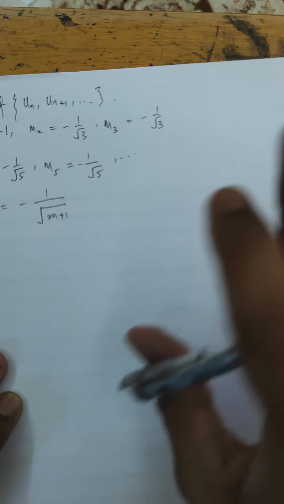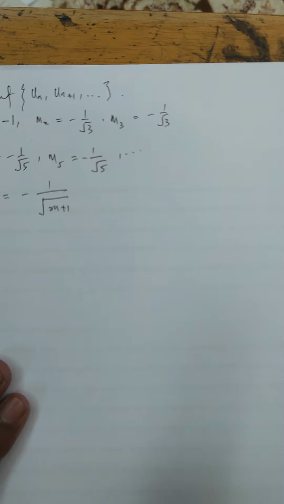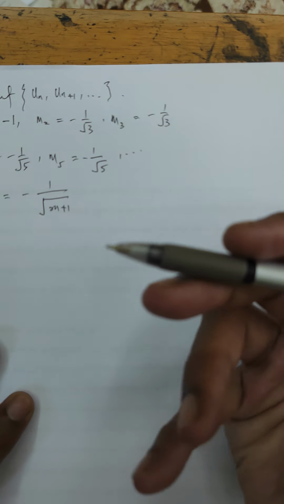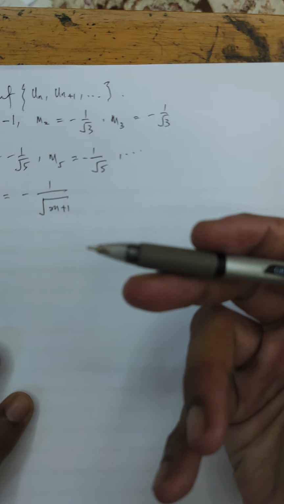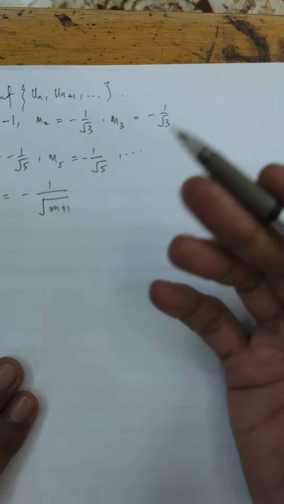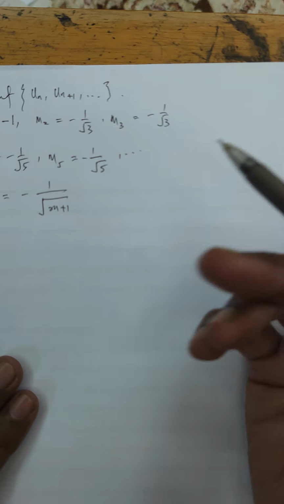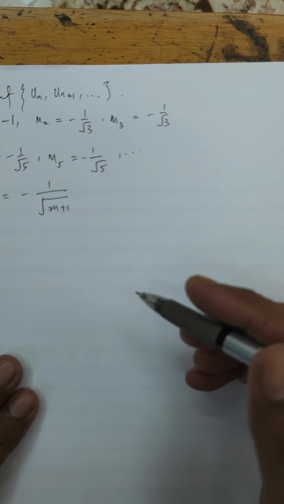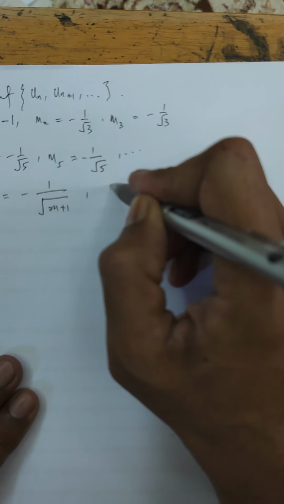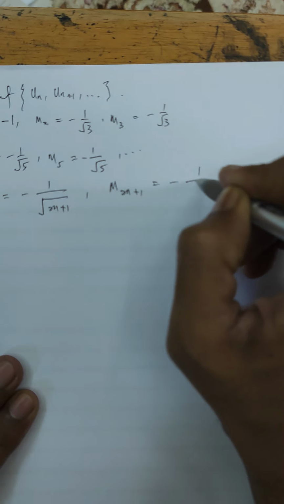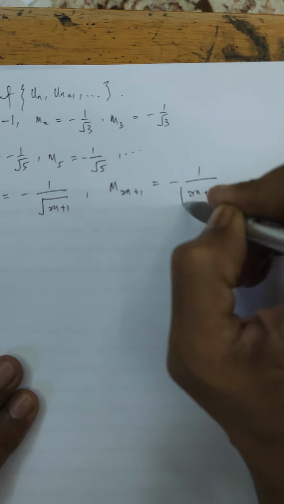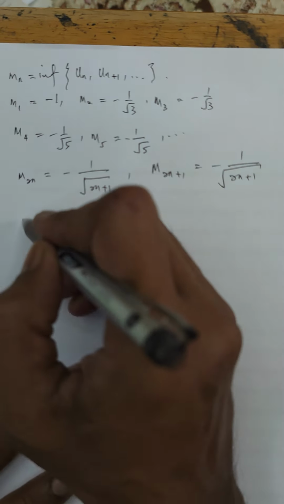If you just look at it like that, maybe it's not clear enough, especially for beginners. But when you arrange it, you can see it. This is negative 1 over √(2n plus 1), for all n.